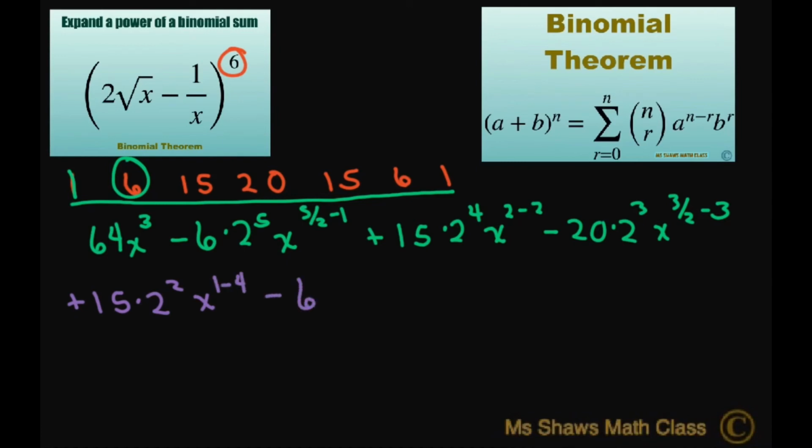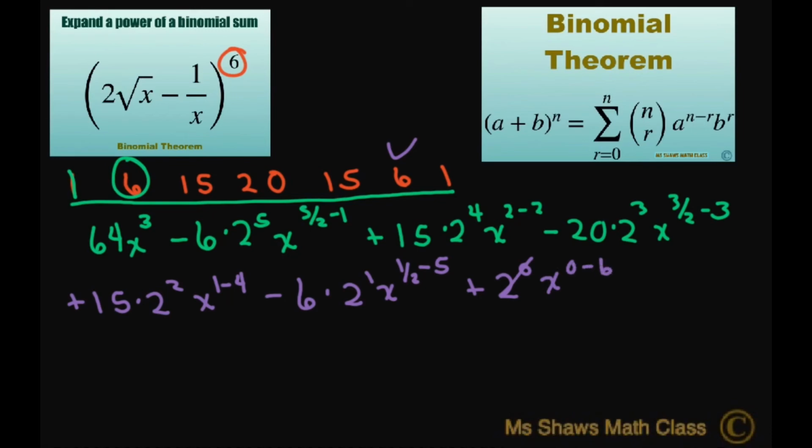Minus 6, we're on this one, times 2 to the power of 1 times x to the power of 1 half minus 5. And the last one's going to be plus 2 to the power of 0, that's just going to be 1, x to the power of 0 minus 6.